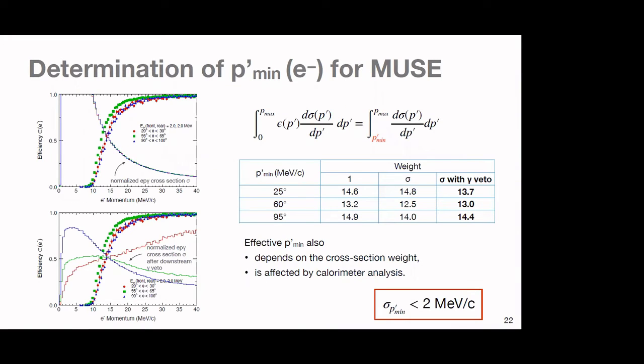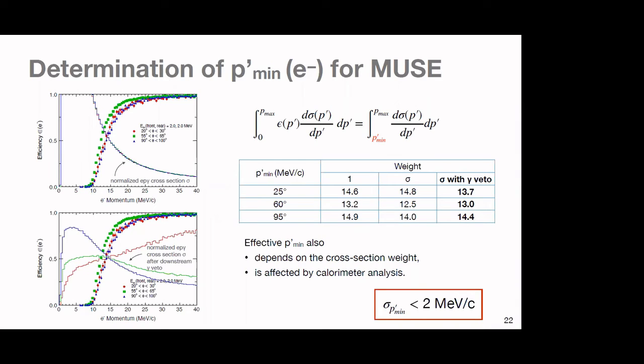A more precise way than just glancing at the graph to determine the P prime min is to look at this equation up there. What we do in the experiment, we in fact measure the differential cross-section over the full momentum range, but that cross-section is weighted by the efficiency of seeing that momentum. And that quantity, the experimental cross-section, must be equal to what we would calculate theoretically if we just assume a 100% efficient detector starting from the threshold P prime min.